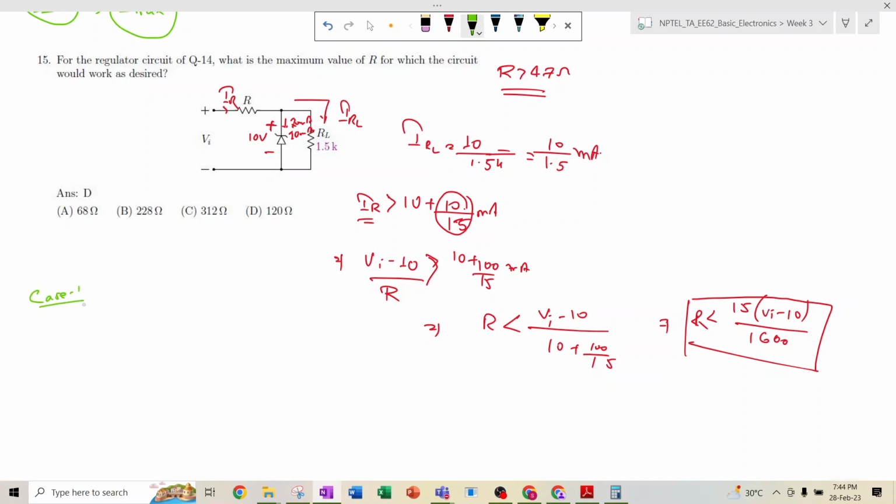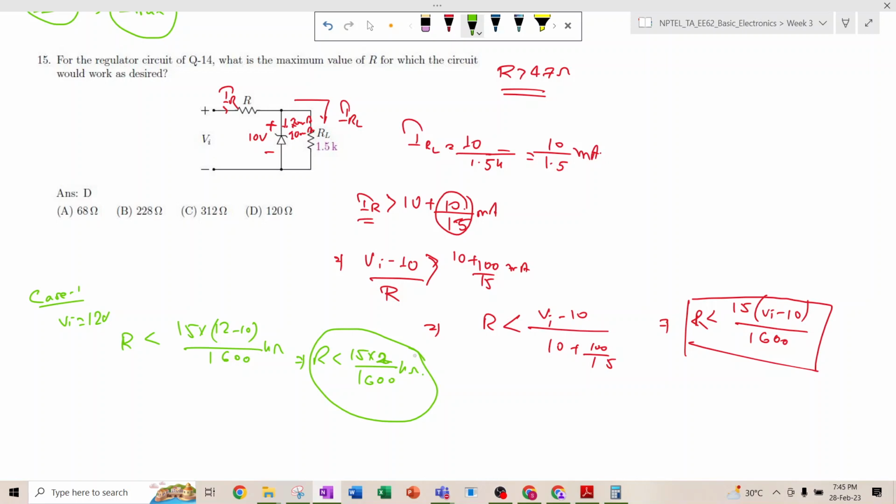Case 1. If Vi is 12 volt, then the value of R should be less than 15 into 12 minus 10 divided by 250, that much kilo ohm, right? So R should be less than 15 into 2 divided by 250 kilo ohm. This is one case.